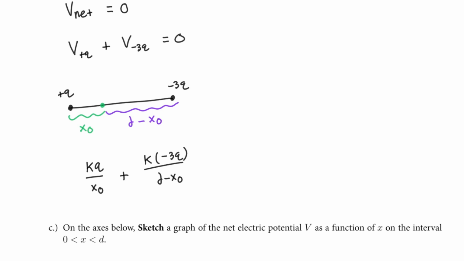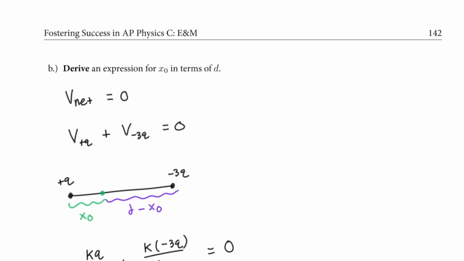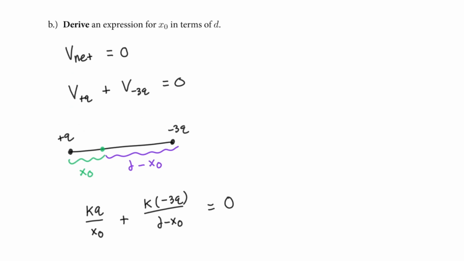And technically, this should be an absolute value on this d minus x0, but we don't have to worry about that right now, because this is never going to be negative. So now we just solve it. So our equation gives us kq over x0 equals 3kq over d minus x0.